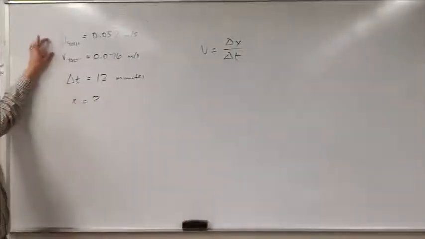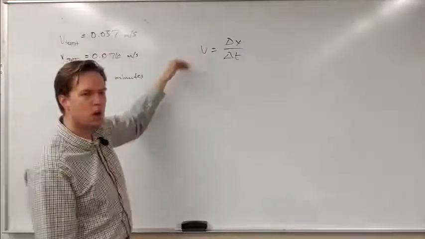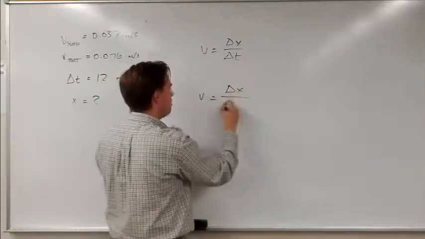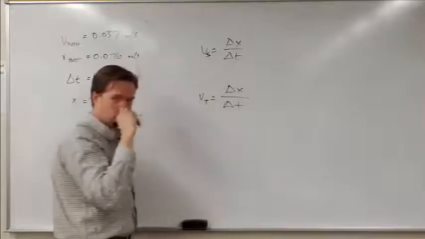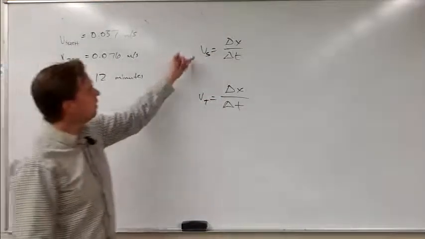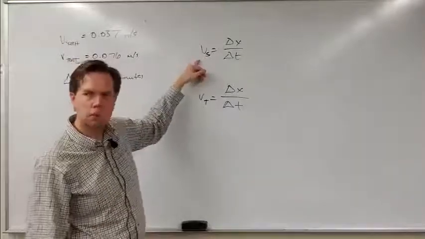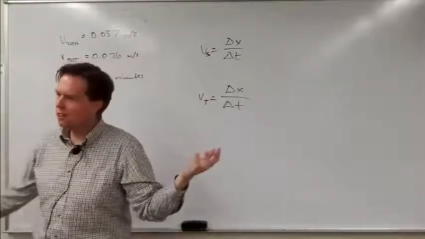But I've got two velocities here, which means I'm going to have two applications of this formula. So let's just do S and T for simplicity. I've got the speed of the sloth, I'm sorry, and 12 minutes. So this is a really easy calculation.